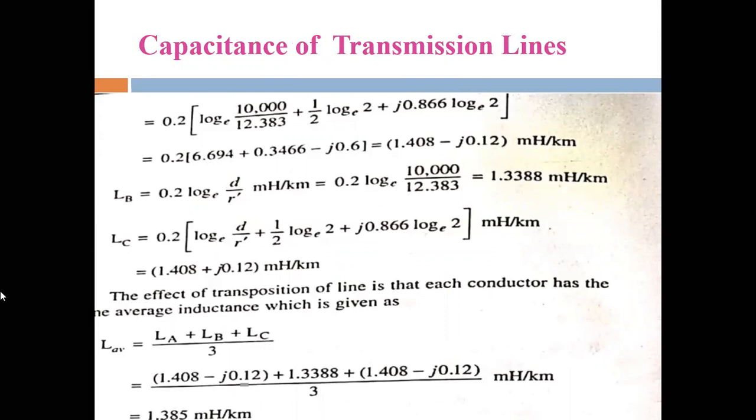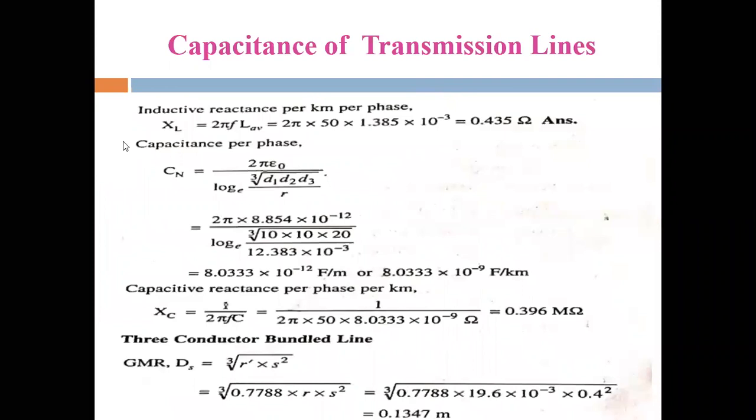The related formulas are La, Lb and Lc. By using these formulas we obtain the different values and then take the L average value, that is La, Lb, Lc by 3. After completing this we calculate the inductive reactance, and we find the capacitance using the derivation for the bundle of conductors, that is 2 pi epsilon naught by log e cube root of d1 d2 d3 by r.